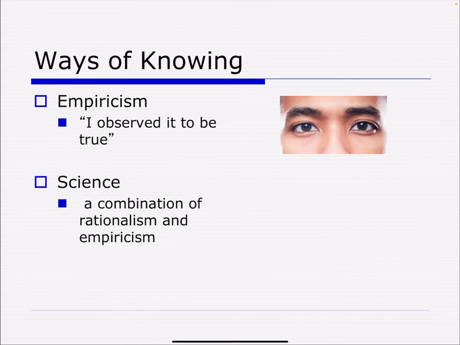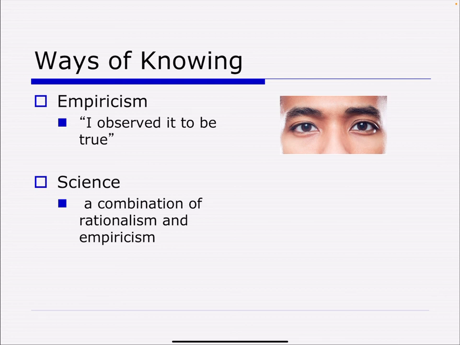Now, the 5th one is empiricism. And that's when I observe something to be true. I see it, I touch it, I feel it. And actually, empiricism was in that green apple example too. The first time I bit that apple, how did I know? I tasted it.